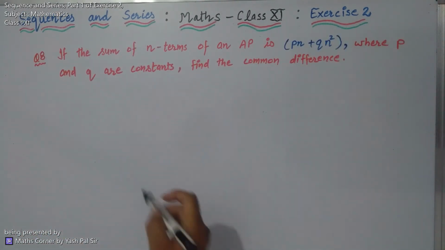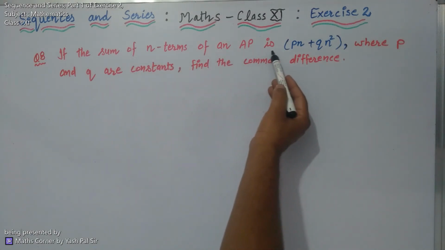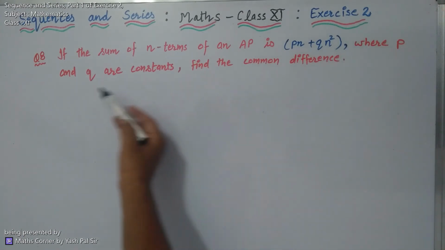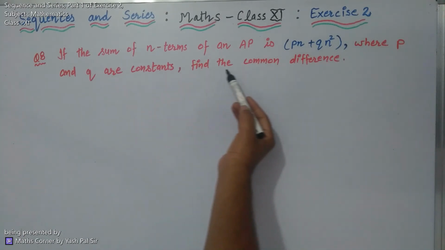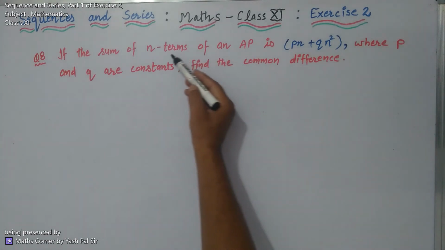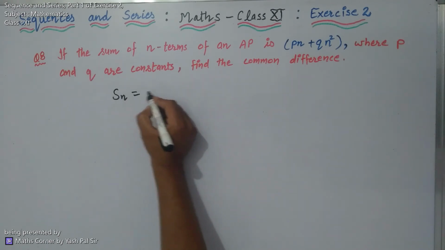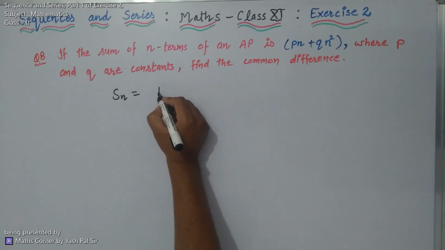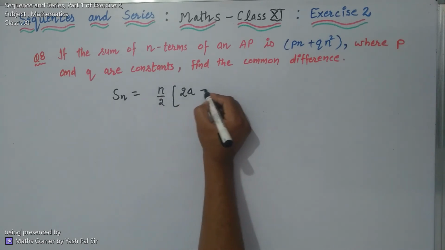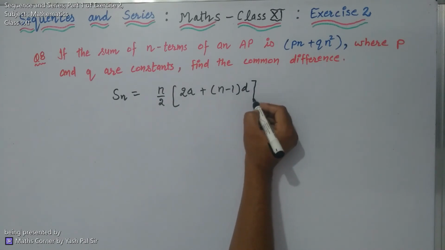Question number 8. If the sum of n terms of an AP is Pn plus Qn square, where P and Q are constants, find the common difference. Sum of first n terms. Here Sn is equal to n by 2 into 2a plus n minus 1 into d.